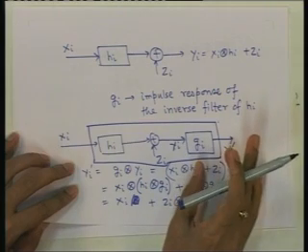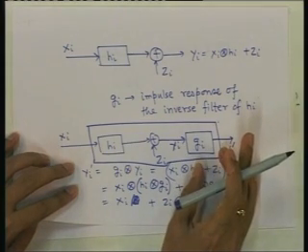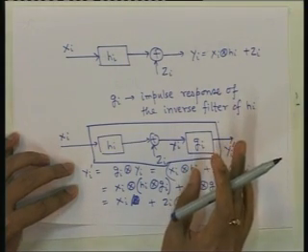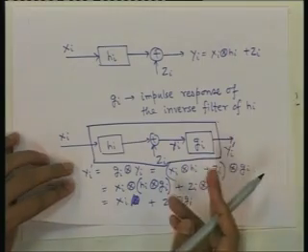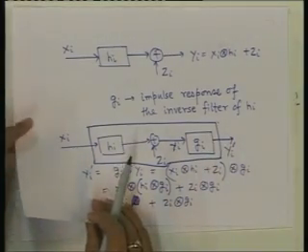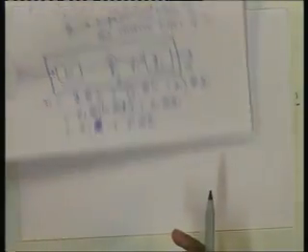So, by doing a simple operation of just putting an inverse filter at the receiver, we have converted the linear filter channel into an additive Gaussian noise channel with colored noise, and the signal itself is otherwise unchanged.